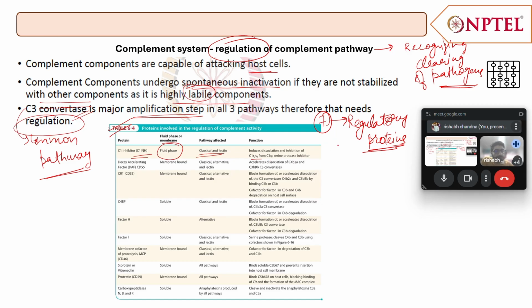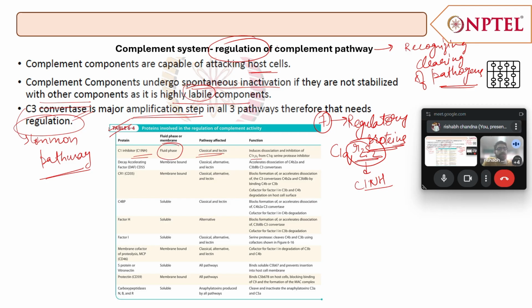So you remember C1 has different components. C1q has C1R2 and S2 also. R2 and S2 are serine proteases that activate C4 and C2. Now, to inhibit these serine proteases, we have the C1 inhibitor, that is C1INH.